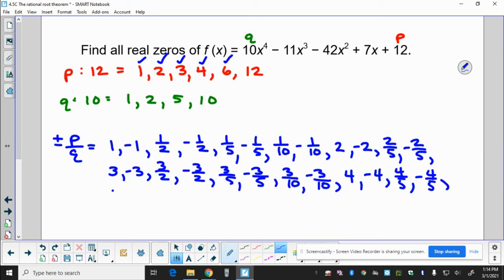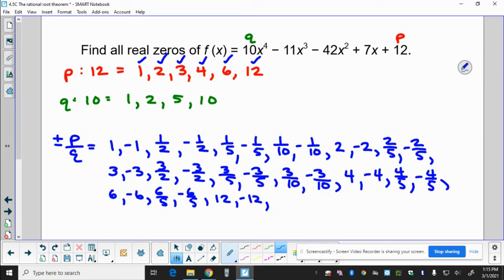Let's go to the 6s. 6 divided by 1 is 6. We don't have that on the list. 6 over 2 is 3. That is on the list. 6/5 is not. And then 6/10. That would be 3/5. We already have that on the list. We're done with the 6s. Finally, the 12s. 12 over 1. We don't have that. 12 over 2 is 6.